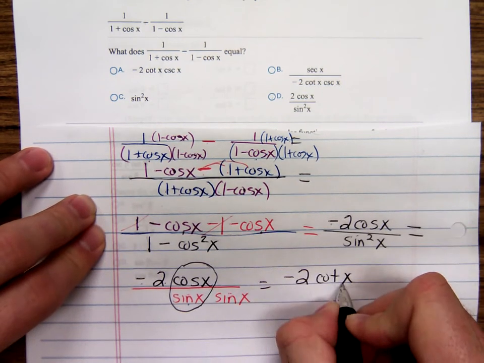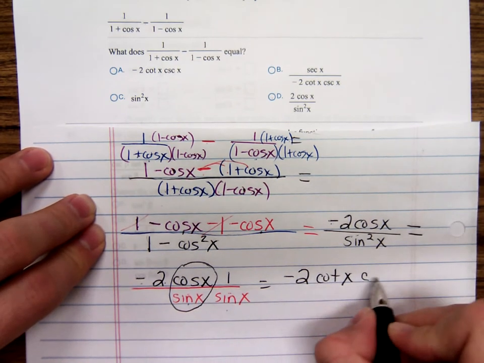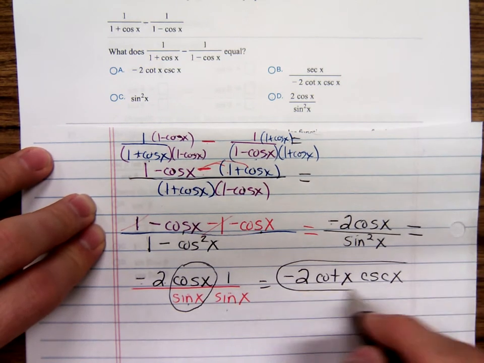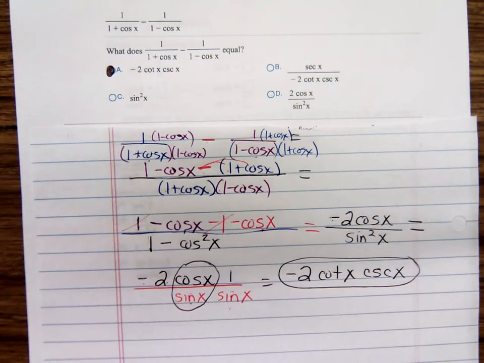And now I'm going to think of this as times 1 over sine x, cosecant x. I'm thinking the answer is going to be A. Okay. And by the way, when I say I think the answer is going to be, that really means the answer is A.